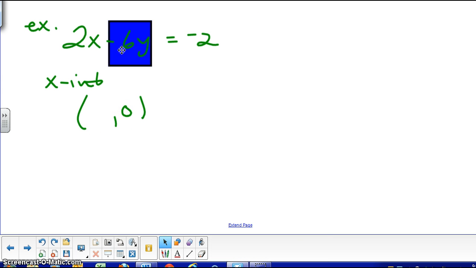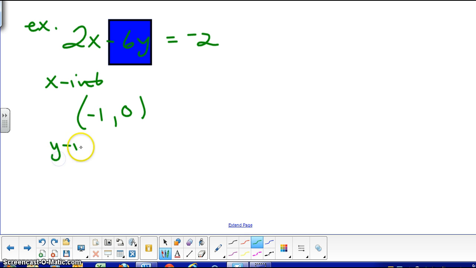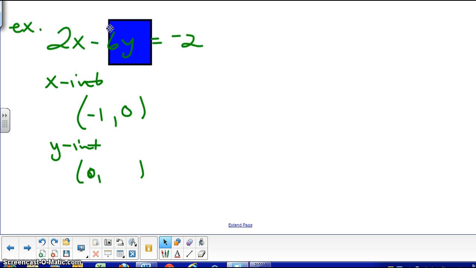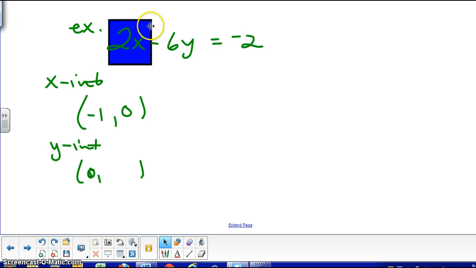So we would cover this side up. And 2x, what would that be? It would be a negative 1. That would fill in the x value. For your y-intercept, we plug a 0 in for x. And when we do that, we're going to cover up this side. And if I solve for y, I end up with 1/3.